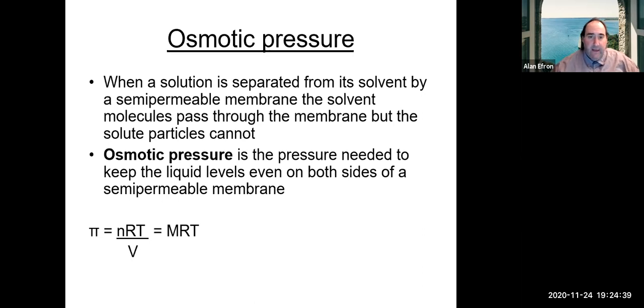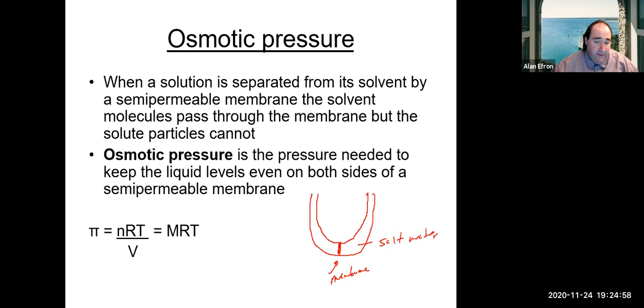So if you have a tube here, with a membrane in the middle, and on one side you have, say, salt water, and on the other side you have just regular water.